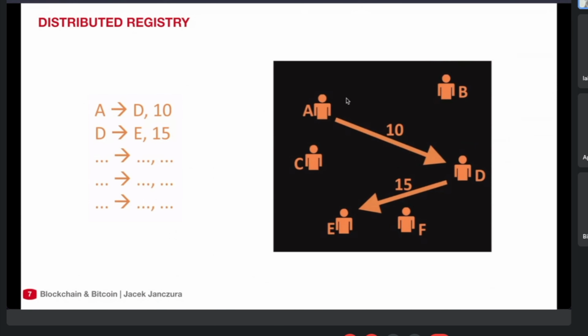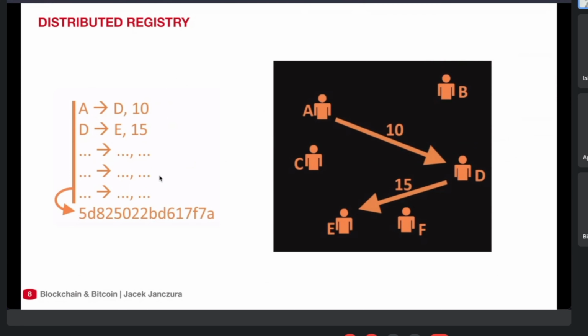Those anarchists make a transaction. Whenever they make a transaction, anarchist A shouts, "I am sending $10." And all anarchists A, B, C, D, E, F note it down in their notebook. A sent $10. Then D is shouting, "I'm sending E $15." And all anarchists keep track and write down D sent E $15, and so on and so forth.